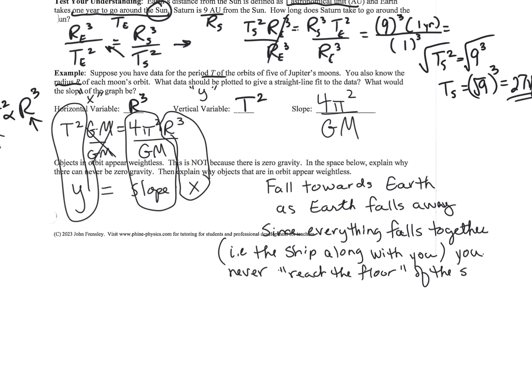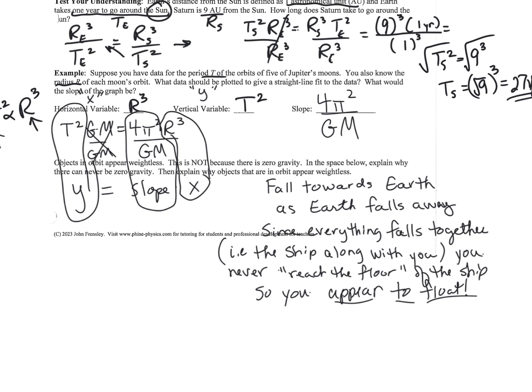So you never reach the floor of the ship. You appear to float. That's really what's going on. It's falling away from you as you're falling towards the Earth, and since all of it falls together the same amount, since you're all in the same orbit together, if you push off the wall, then you continue to fall the same, and the ship's continuing to fall at the same time as you.